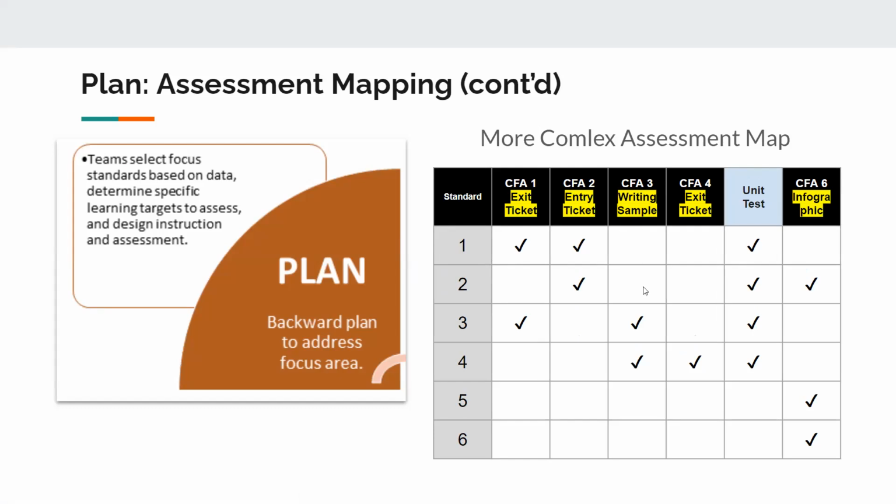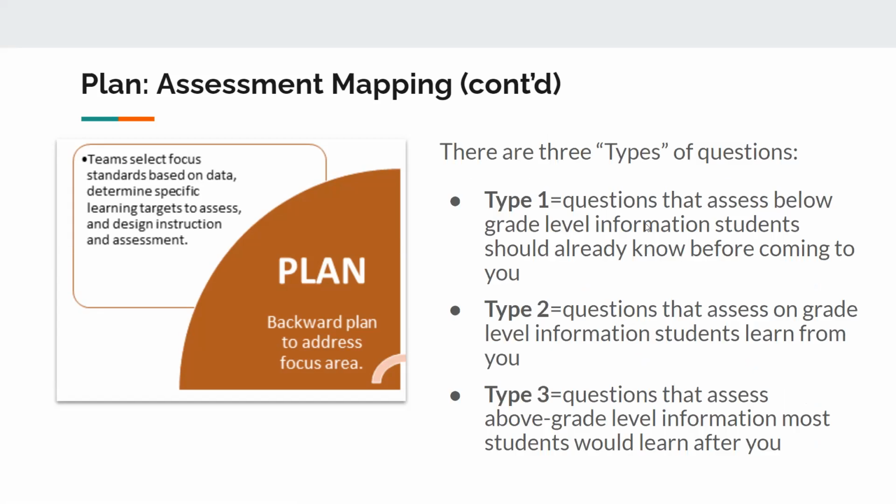The third one using a writing sample. We're back to an exit ticket for CFA 4. We're on to an infographic for CFA 6. So you can see that this is more complex, but it's really not much more of a heavy lift.